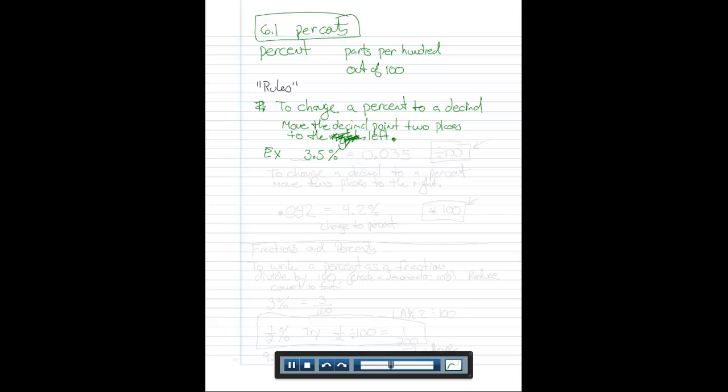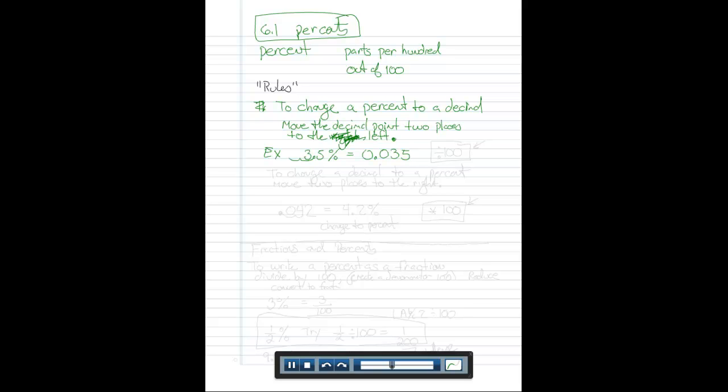So 3.5%, if I want to make it a decimal, which way do I move the decimal? It's to the left. So starting as a percent, it's going to go over a couple of places to the left. So it's 35 thousandths as a decimal.